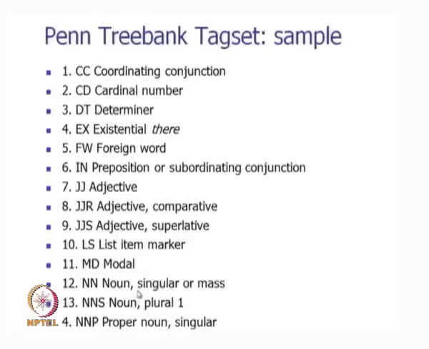So, like John plays, plays is the third person singular number present tense form of play, and we saw many plays. Here plays is a noun, and both these categories, that is third person singular number present tense form of verb and plural noun, both of them are very frequent in the language, and the system cannot afford to make mistake with respect to their tags, and hence it has become necessary to separate the noun singular tag and the plural noun tag.